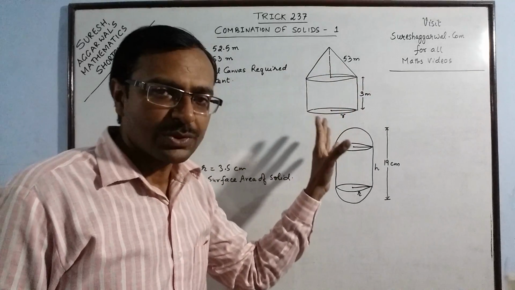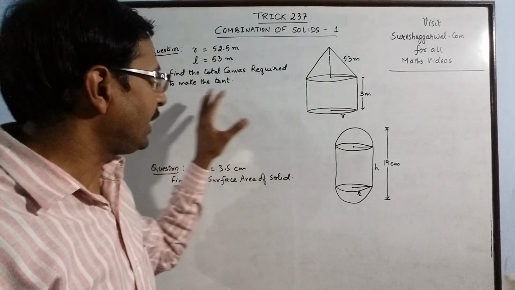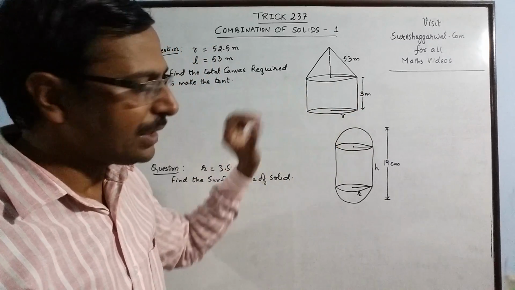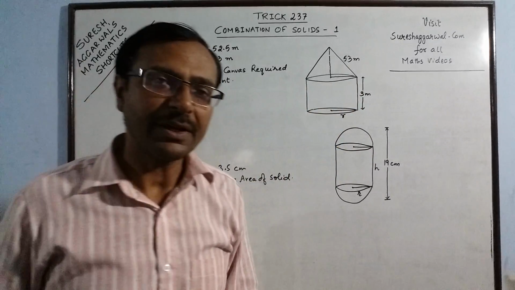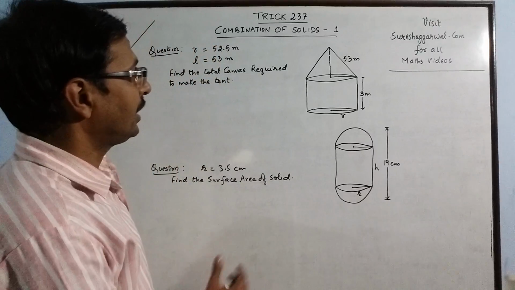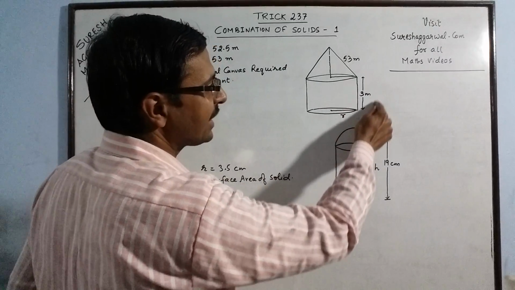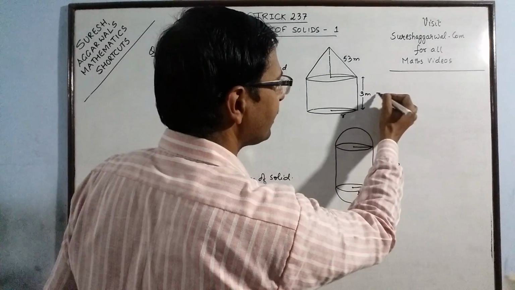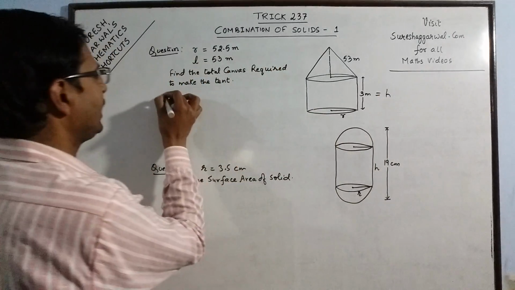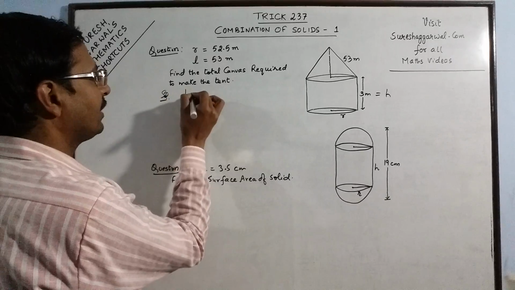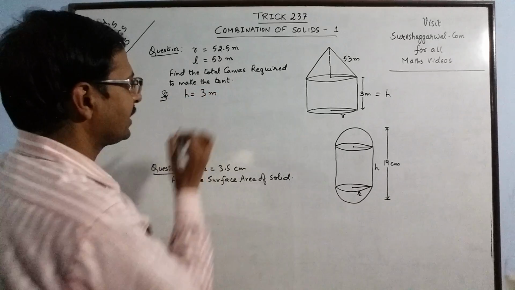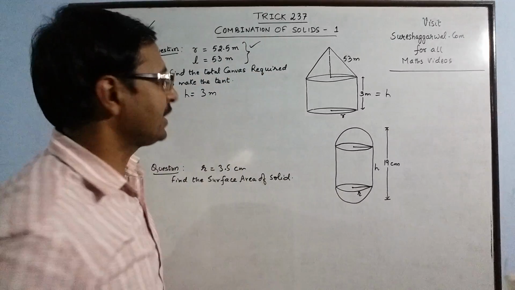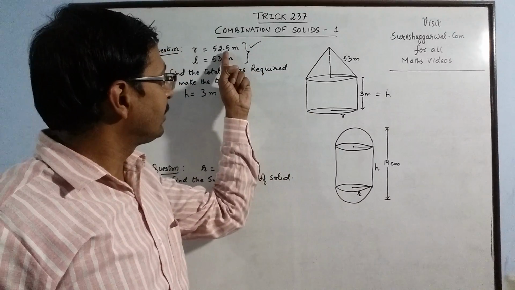Now in the first question we have a tent in this shape, and we are given that the height of this cylindrical part is 3 meters. If I denote this height by h, the height of the cylinder is 3 meters, and we are given the common radius, r, which is 52.5 meters.